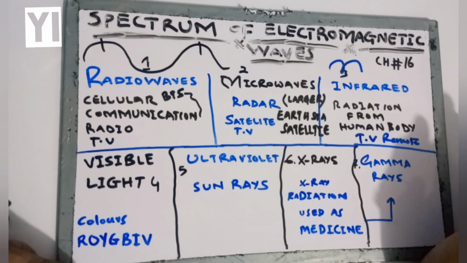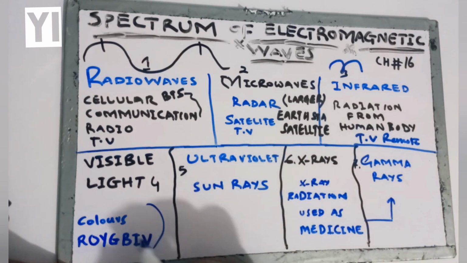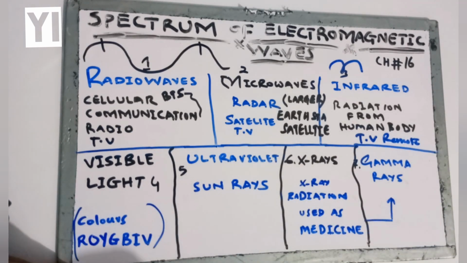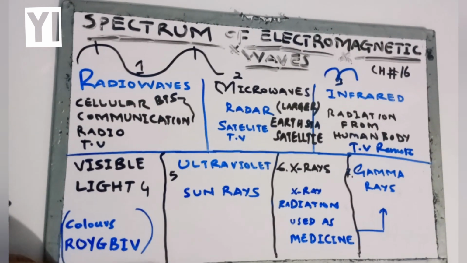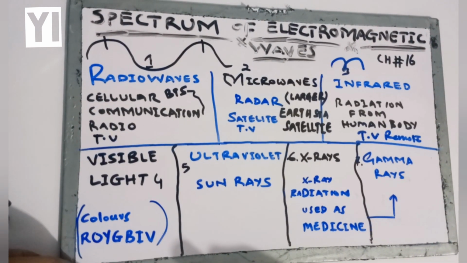Now visible light, we all must know about visible light. We all must have seen the colors: red, orange, yellow, green, blue, indigo and violet, from the shortest wavelength to the highest wavelength. Now let us cover the ultraviolet rays. We must know that this is the emission from the sun.